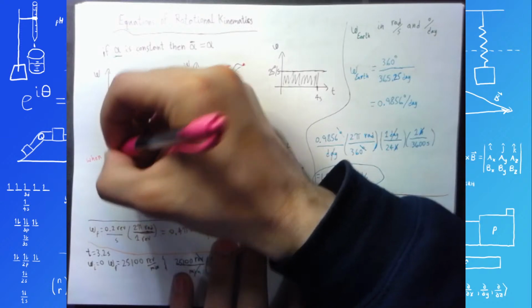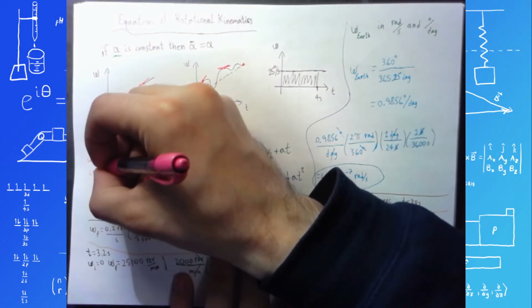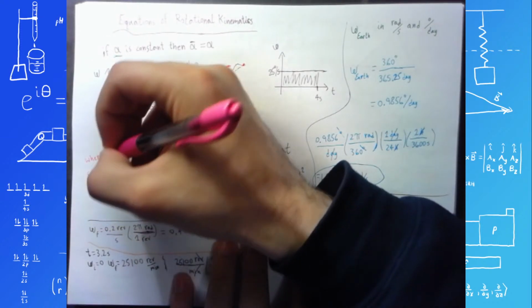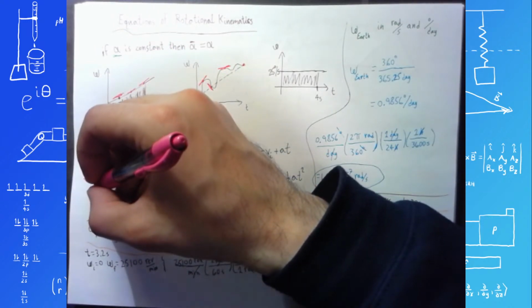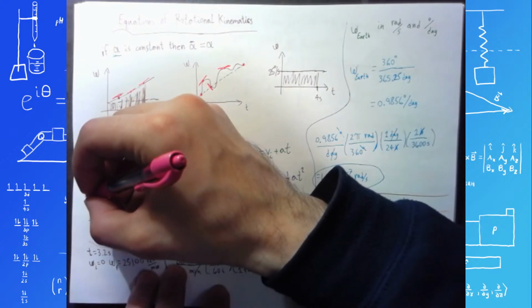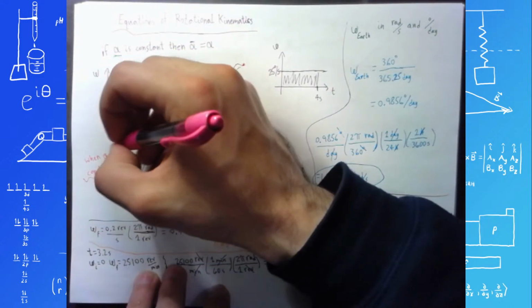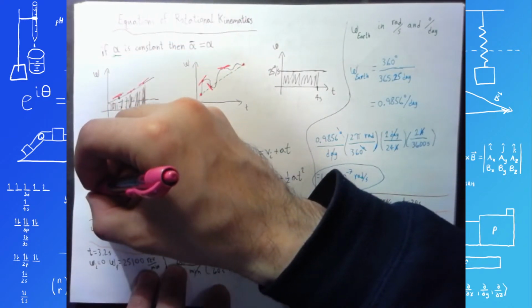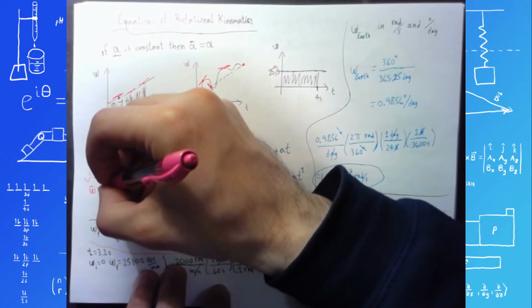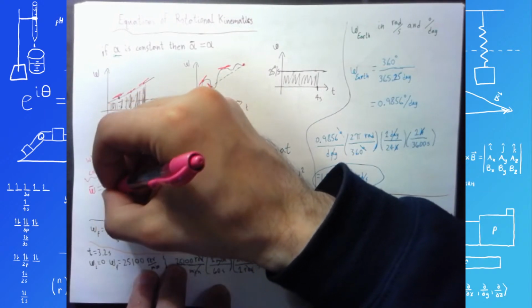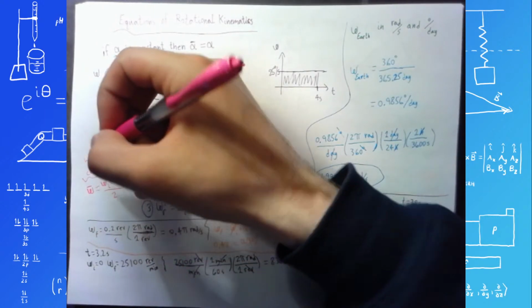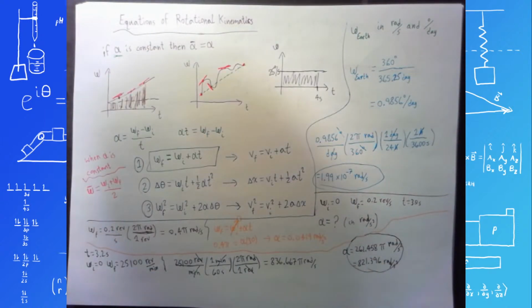You might remember in regular kinematics, when the acceleration is constant, the average velocity is the average of the velocities. The same holds true here. When alpha is constant, omega average is just equal to omega initial plus omega final over 2. Only for constant angular acceleration.